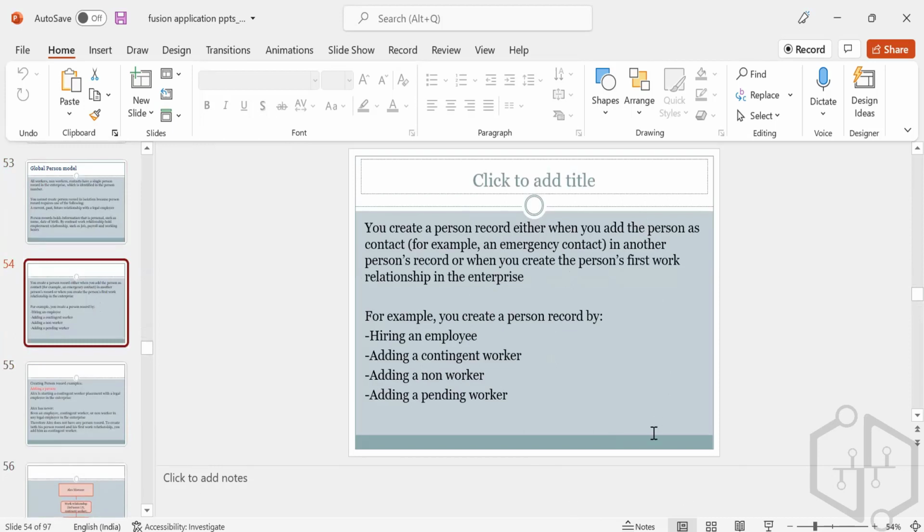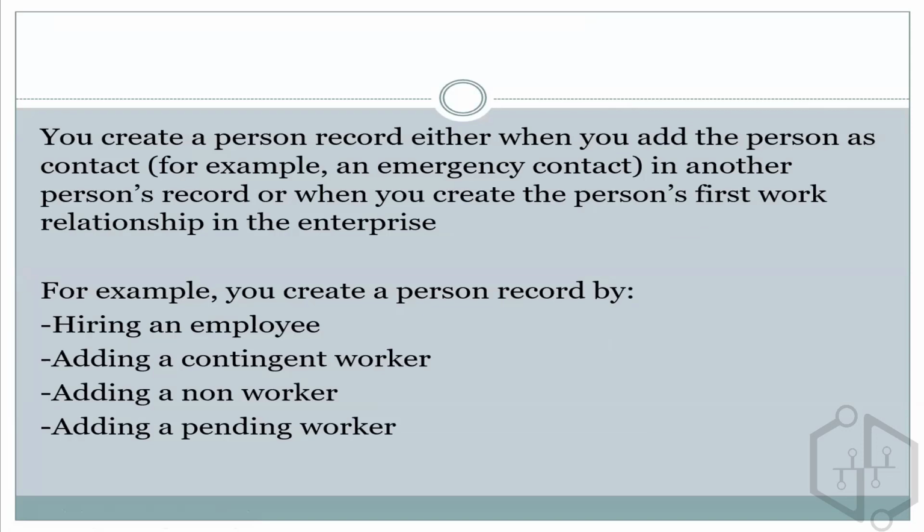Are you able to understand till now? You create a person record either when you add the person as a contact, for example, an emergency contact in another person's record, or when you create the person's first work relationship in the enterprise. You create a person record by hiring an employee, adding a contingent worker, adding a non-worker, or adding a pending worker.